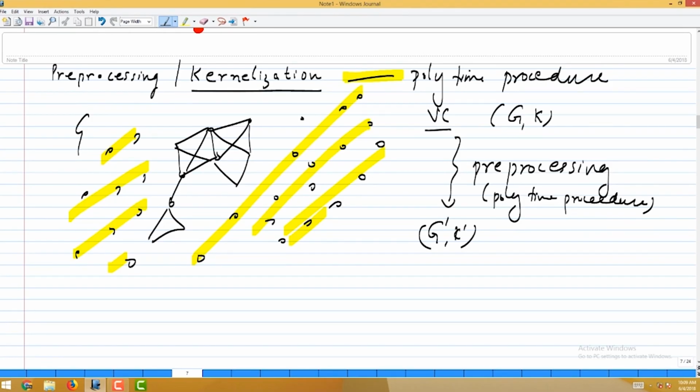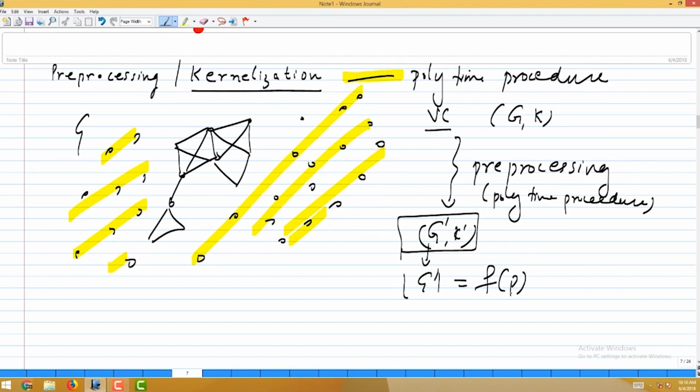So that's one thing. And additionally, this is a normal pre-processing. You give G, k and you do some polynomial time procedure and try to get an equivalent instance G prime, k prime. But additionally, for example, for designing fixed parameter tractable algorithms, we demand that the size of G prime should be some function of the parameter.